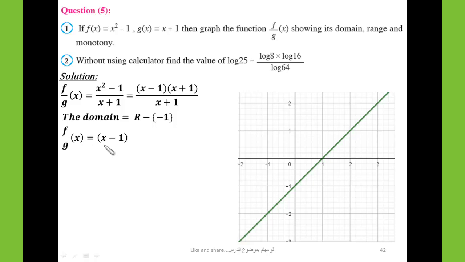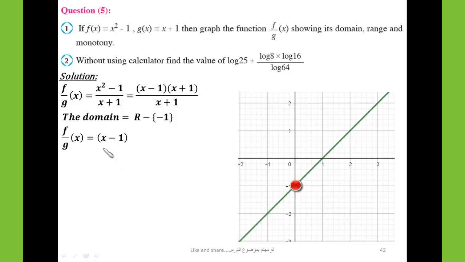Substituting x equals 0, what do we get here? f over g of x equals -1. When x equals 0, the new function, the quotient, equals -1.